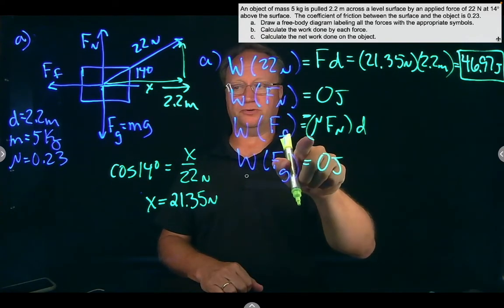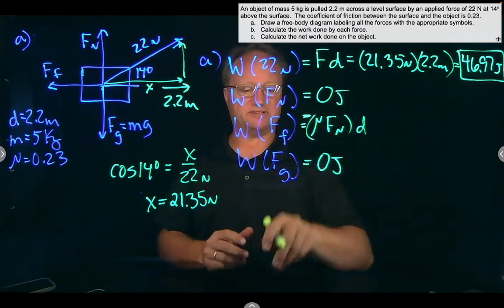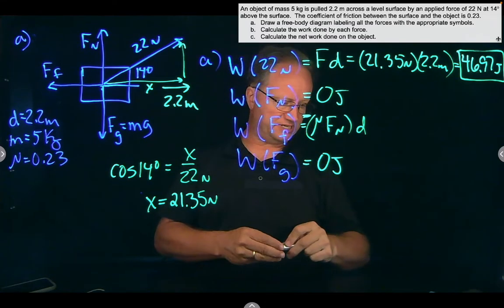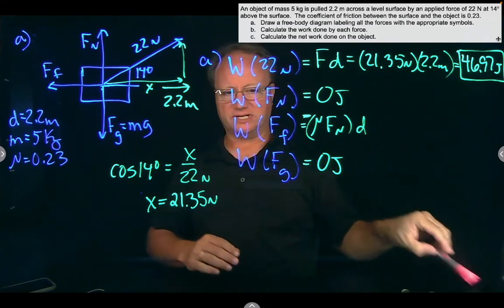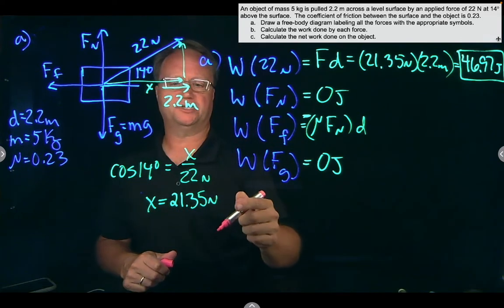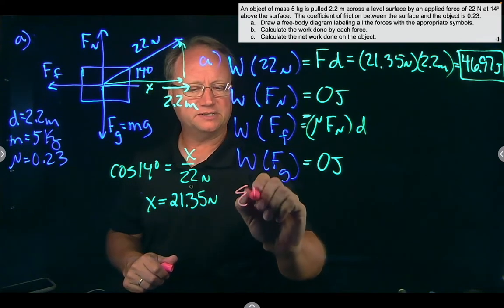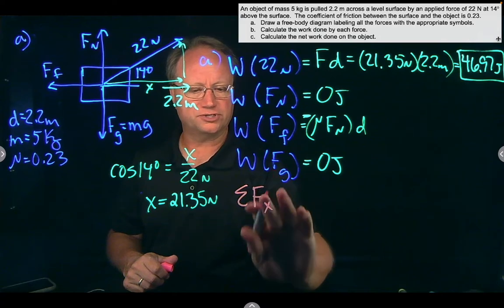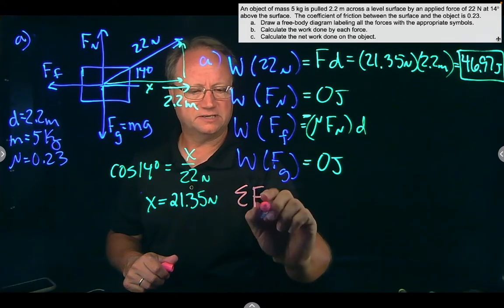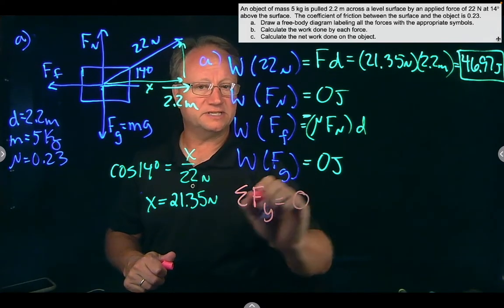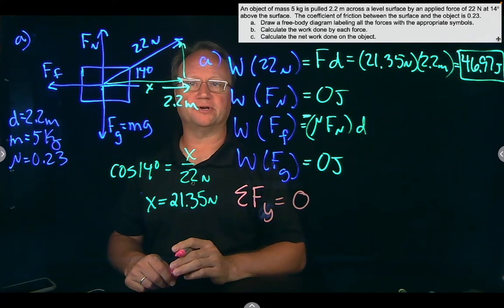Now, we know mu, we know d, we have to calculate what the normal force is. So let's do a calculation to get that normal force. We're going to set up Newton's second law, net force vertically is equal to 0 because we have an equilibrium.